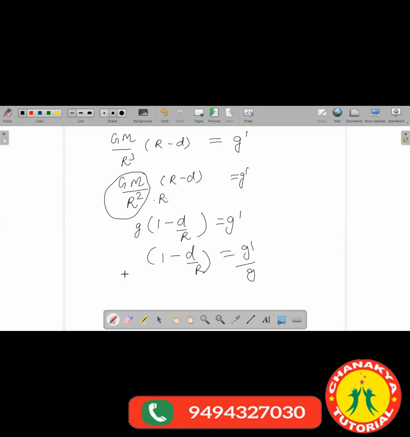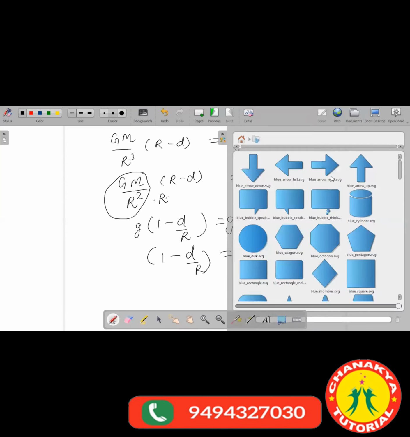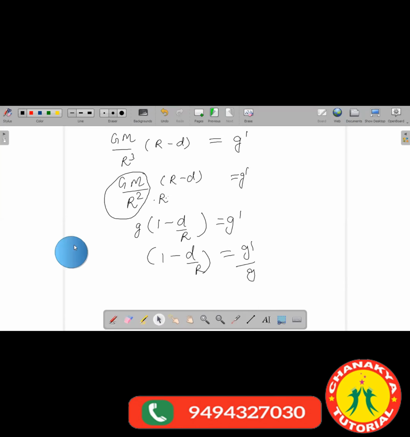Now here, what does this all concept mean? If you open up a through and through tunnel through the earth, let's make a through and through tunnel. We had seen a question of through and through tunnel also yesterday.